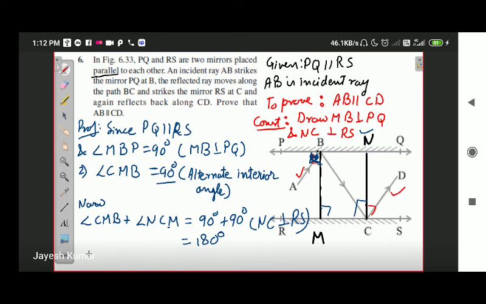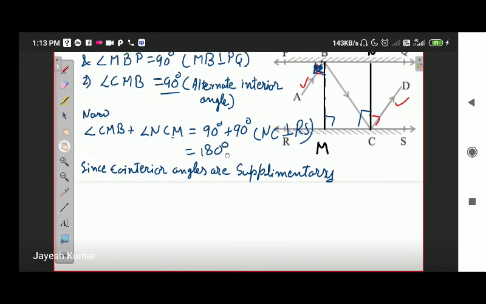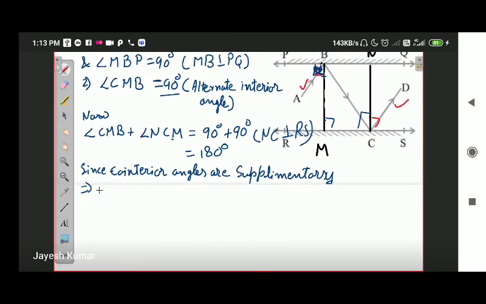Since co-interior angles are supplementary, line BM is parallel to NC. I've proved that these two lines are parallel.